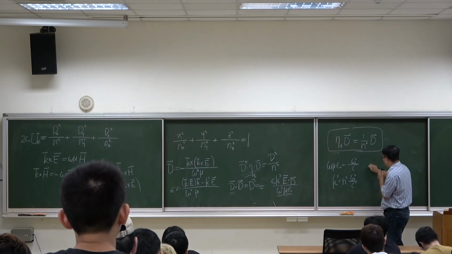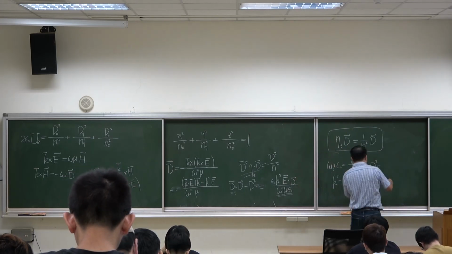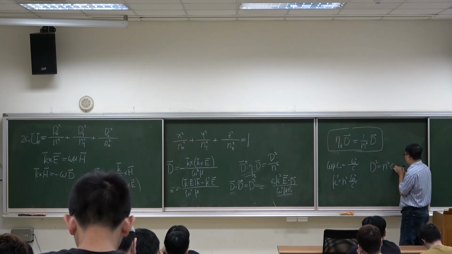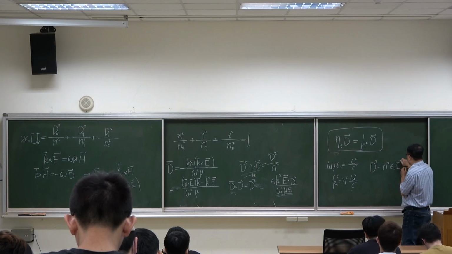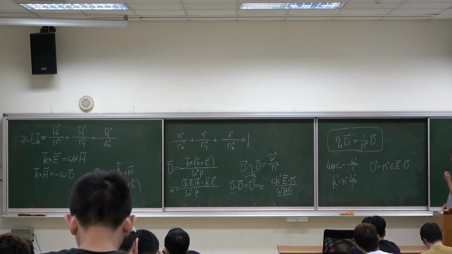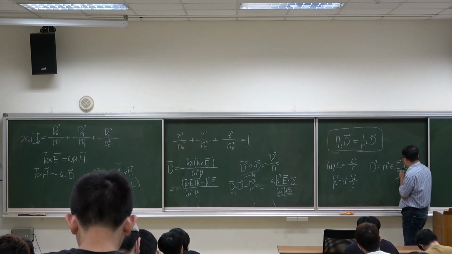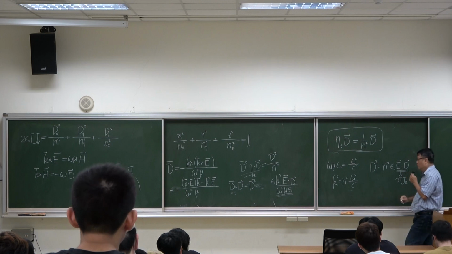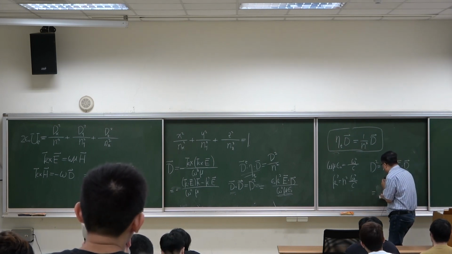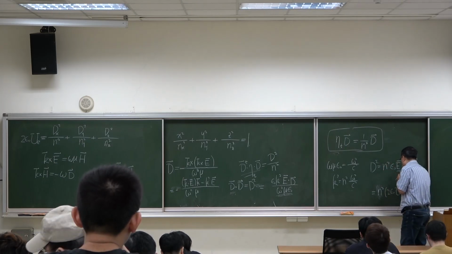So this means that the d squared is equal to n squared times epsilon 0 e over d. Okay? But we already know this part is 2ue. So this is equal to 2 n squared times 2 epsilon ue.